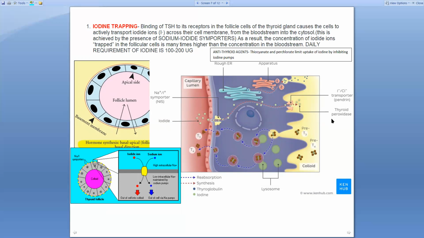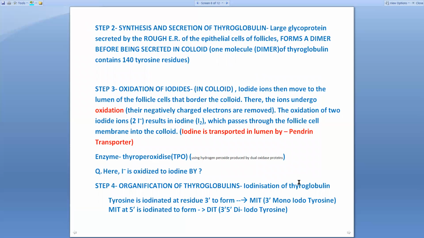It is not found in the follicular cells. So we will see how this thyroid peroxidase helps in formation of hormones. So the step 3 is oxidation of iodides.